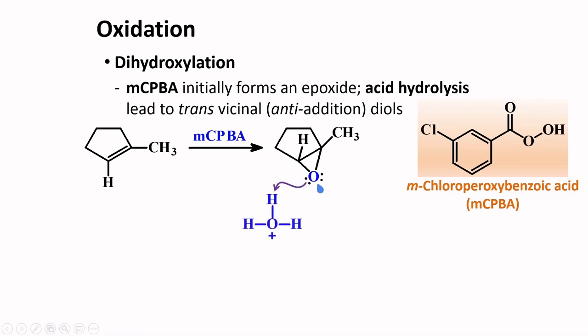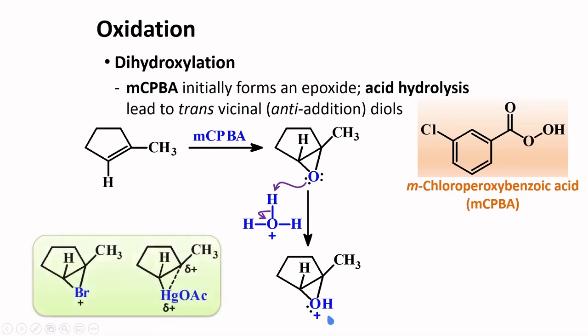In an acidic solution, the oxygen can abstract a proton from the hydronium ion to form this positively charged oxygen. You may notice the similarity between this species and the bromonium ion and mercurinium ion.